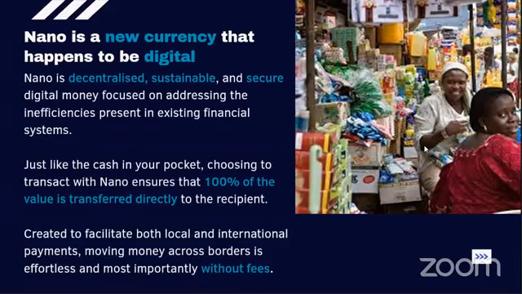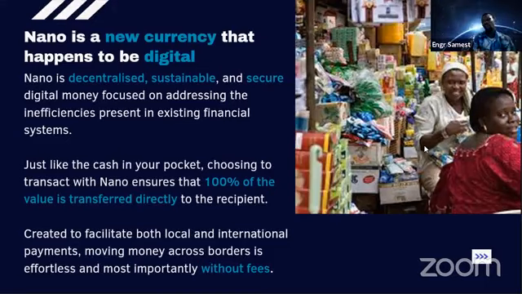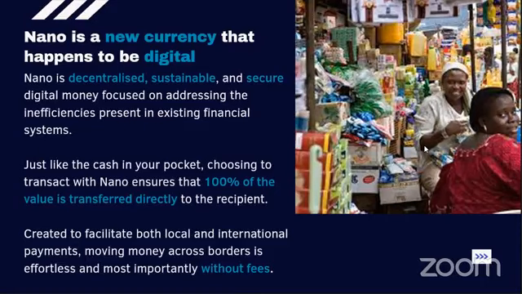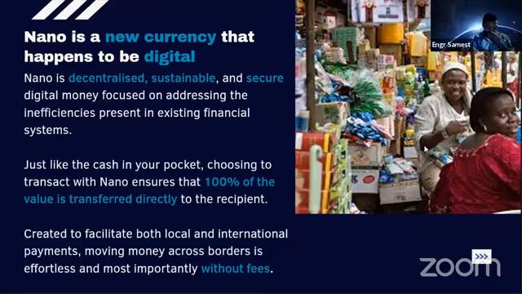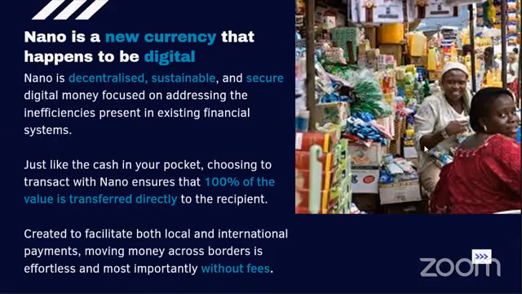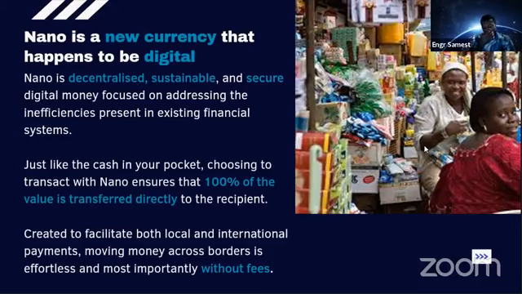Like I mentioned, it's just like cash in your pocket, just like the Naira that you have in your wallet, in your bank account, or that you keep somewhere in your purse. Choosing to transact with Nano ensures that 100% of the value is transferred directly to the recipient. It's just the normal way you do your transactions: you transfer your money easily without anything disrupting or stopping your transaction.